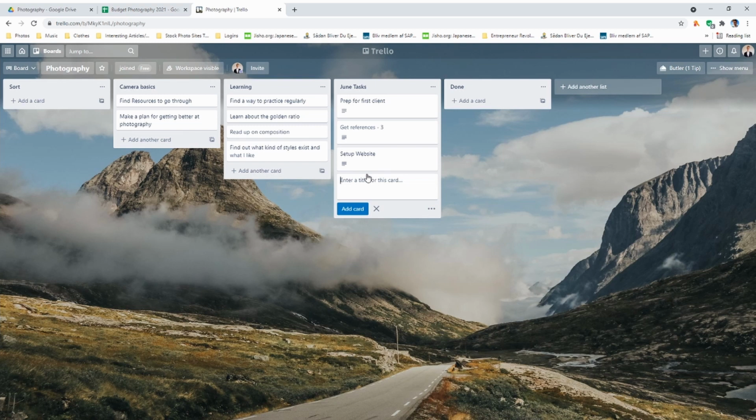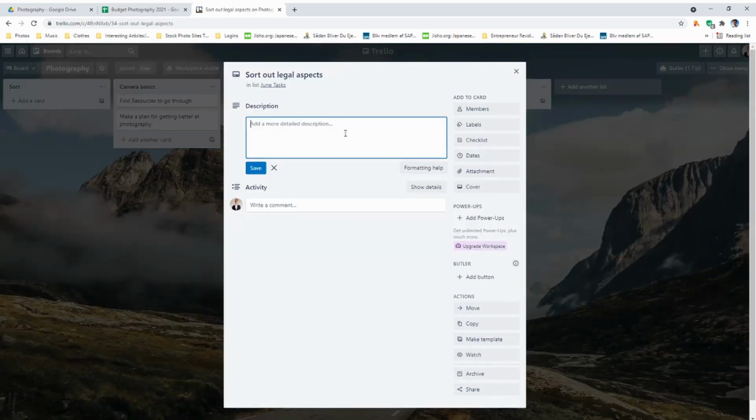We're also going to need to sort out legal aspects. Now, those are the aspects of registering a business in Denmark, contracts, invoicing, all that kind of stuff.